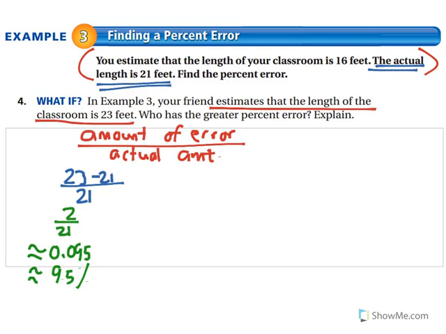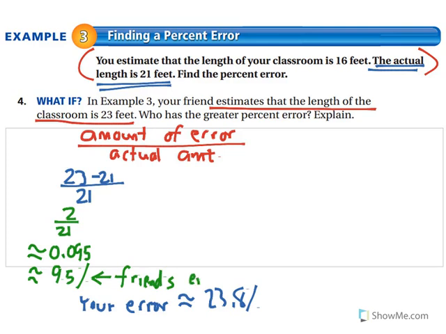So the question asks us, who has the greater percent error? Well, your percent of error was about 23.8%, if you remember. So I'm going to put down your error was approximately 23.8, and this is your friend's error.